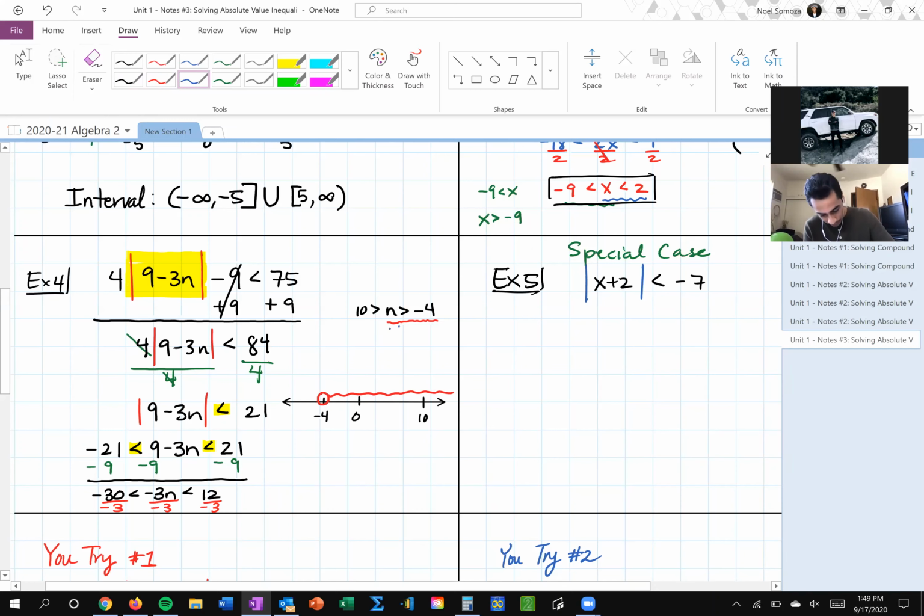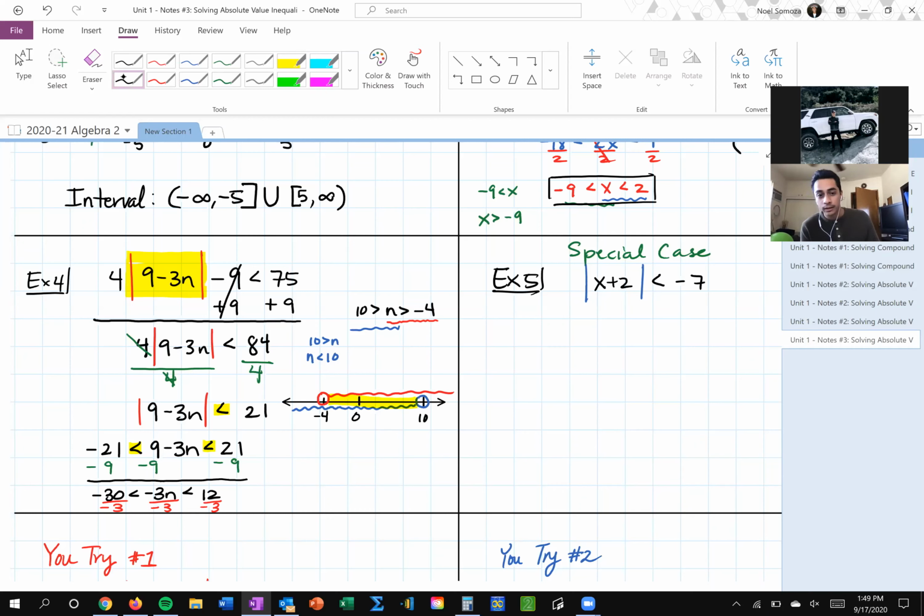Then we have the second inequality, which is telling us that 10 is greater than n, but it's also the same thing as n is less than 10. Okay. So now at 10, open circle again, and then you shade to the left because n is less than, right? So once again, our overlap area happens right here between negative 4 and 10.